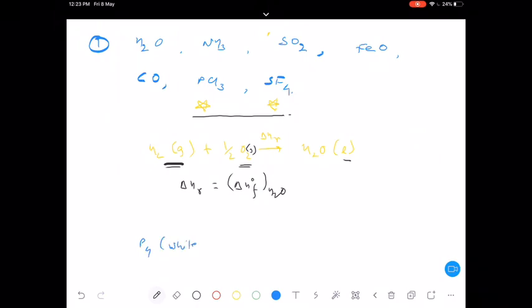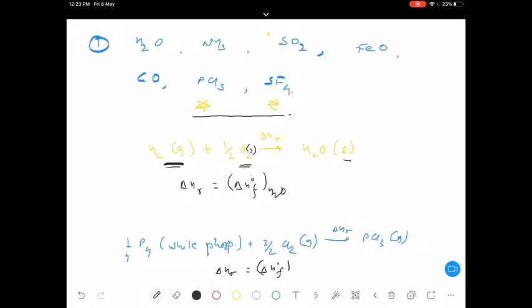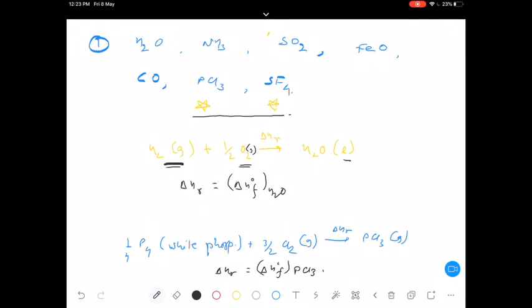P4 I'll write here, white phosphorus, 1/4 plus 3/2 Cl2 gas giving you PCl3 gas. Here this delta HR, I would like this delta HR as standard heat of formation of PCl3.